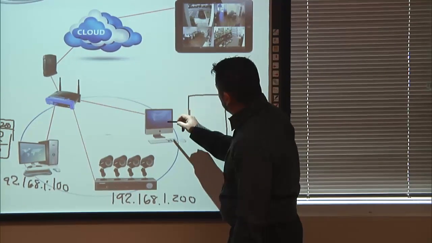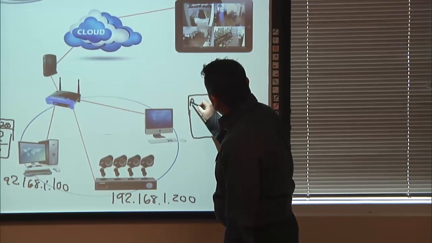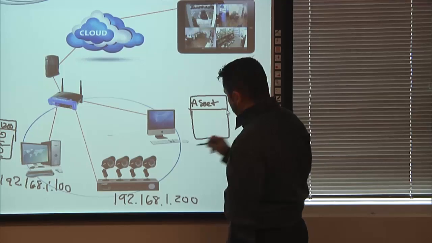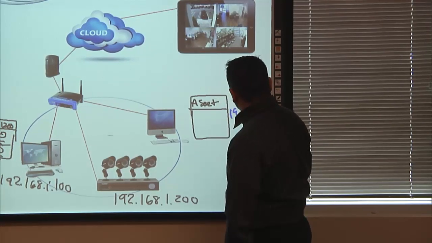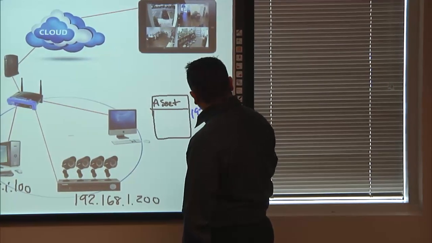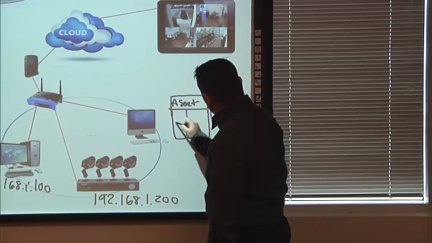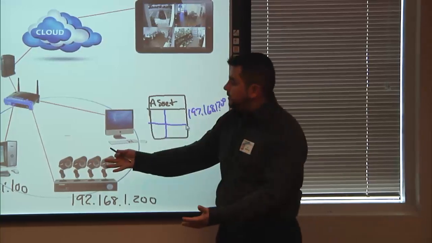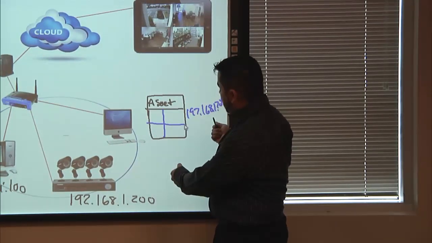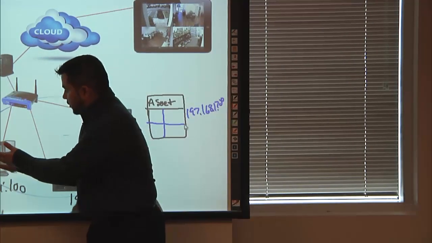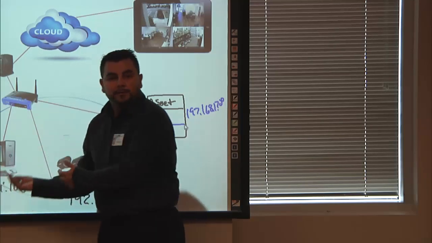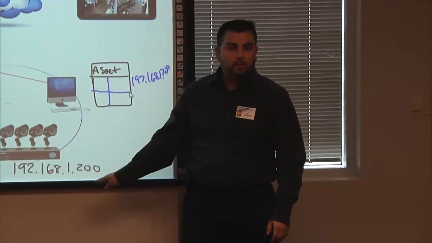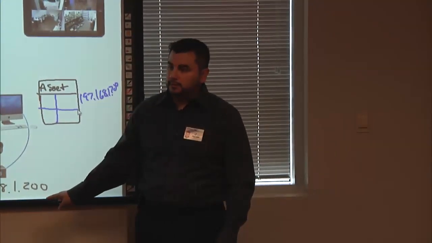A good one for the Mac is called ASEE Plus, and in this program you type in the IP address 192.168.1.200, and you can see all the cameras again. So there are 2 ways you can access it, either through the program by typing in the IP address, or through a web browser by typing in the IP address. One way or the other, this system is identified by its local IP address.